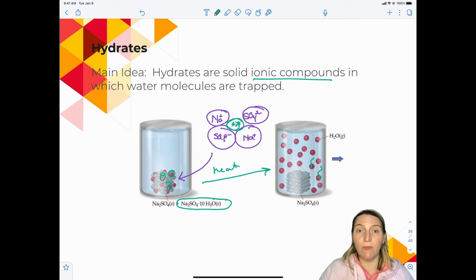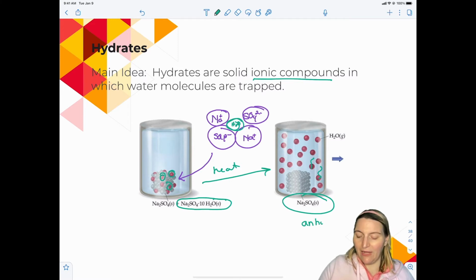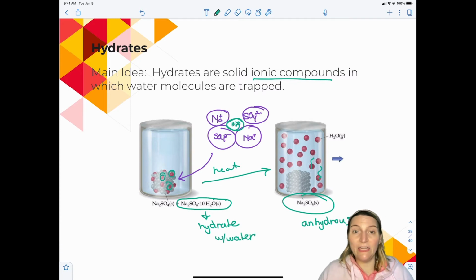And you can see the water molecules have become a gas, and we are left with the sodium sulfate without the water. So the word without water is anhydrous. So this is a hydrate. Hydrate is with water, and anhydrous is without water.